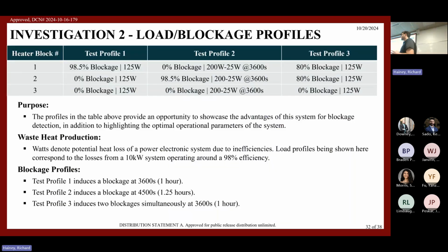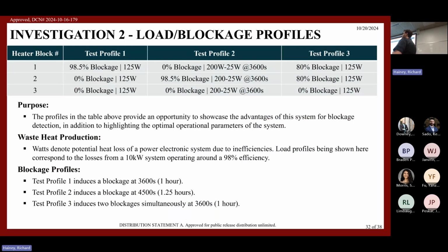Now, to make sure that this system actually works, we performed a couple of simulated experiments using 3 different test profiles. In test profile 1, we induced a 98.5% blockage within heating block 1.